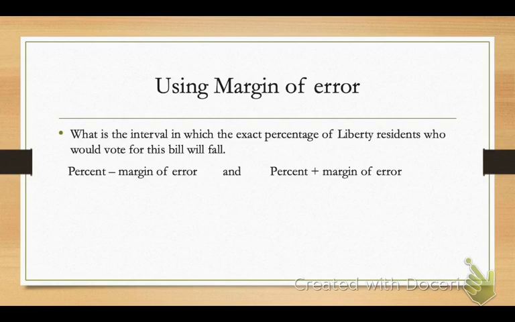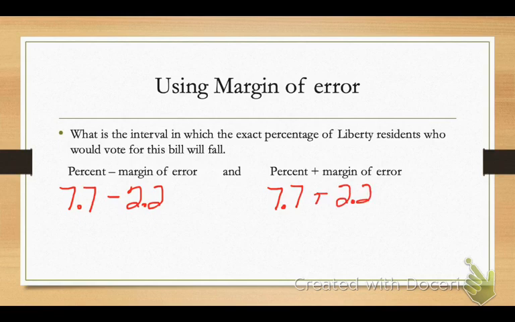How you figure out what this interval is: you take the percent, or the probability, that you came up with, which was 7.7%, and you subtract the margin of error, and you add the margin of error. When I subtract the margin of error, I'm going to get the bottom of my interval.